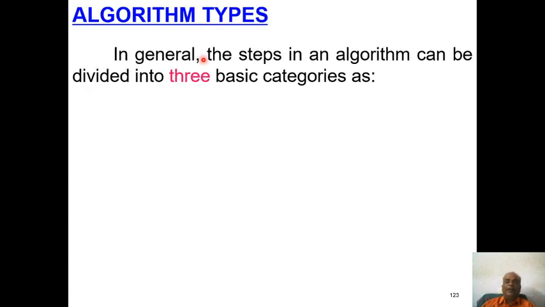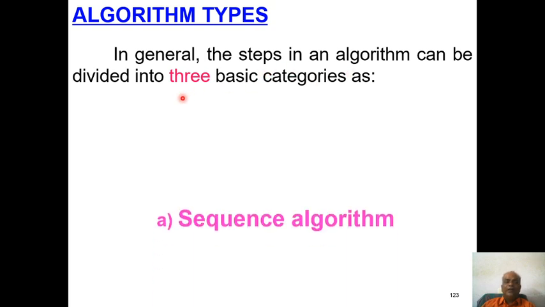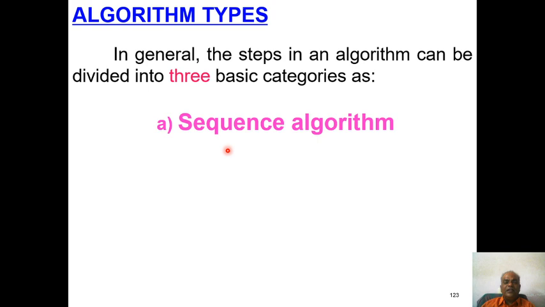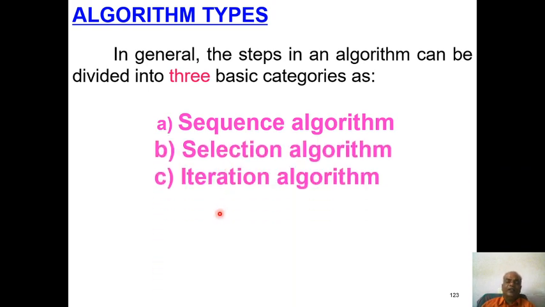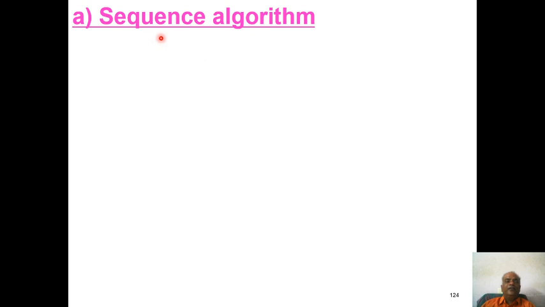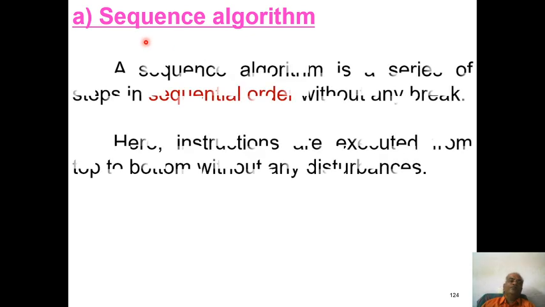Algorithm types. Here algorithm can be divided into 3 basic categories. One is sequence algorithm, next one is selection algorithm, next one is iteration algorithm. First one is sequence.